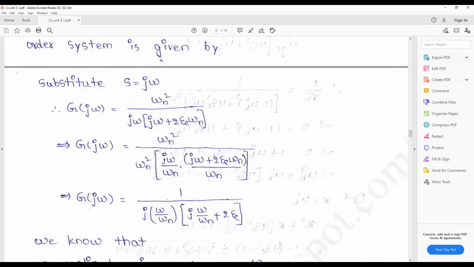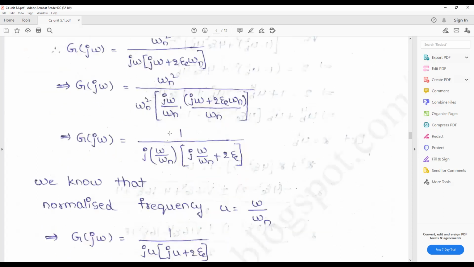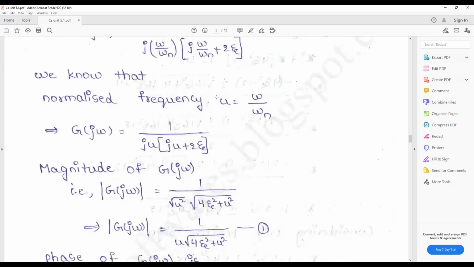So omega n square into j omega by omega n. So in this term, in the normalized frequency, you consider u is equal to omega by omega n. Okay, so 1 by j into omega by omega n is the u value, and j into u plus 2 neta.